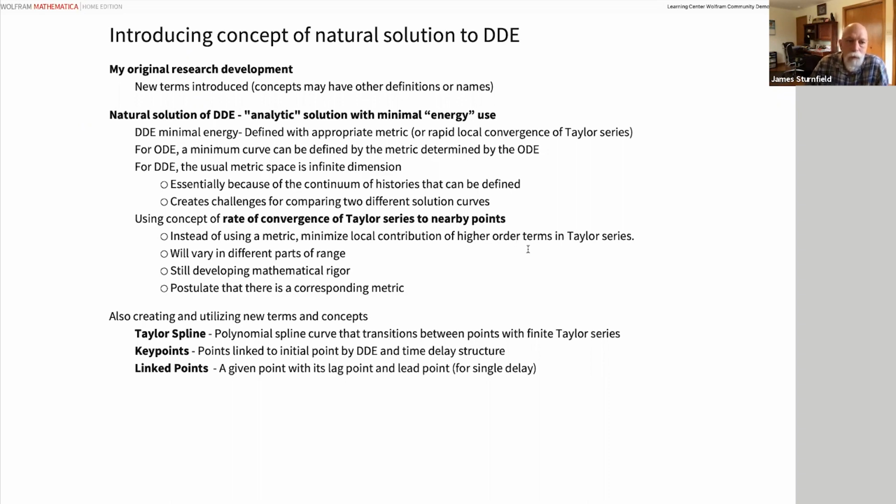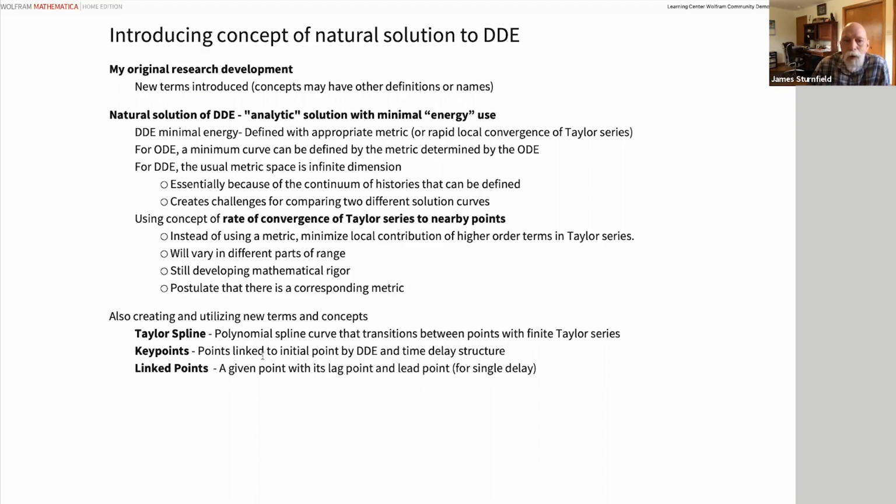I will introduce some terms. I particularly find that I needed a particular type of spline, and I'm just calling it Taylor spline. There may be other names in the literature, but I'm not aware of that. Key points where we're actually talking about some initial point, a point that's a lag time behind it, and a point that's a lead time ahead of it.